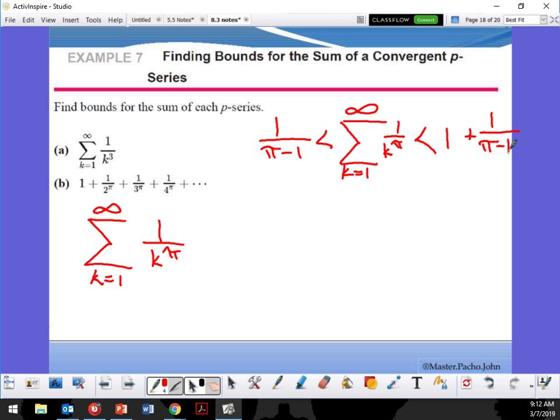Some weird decimal. I know, 2.14, right? 2.14.